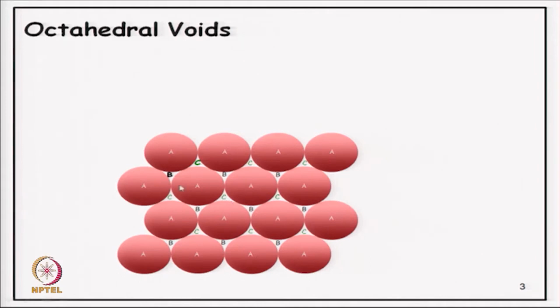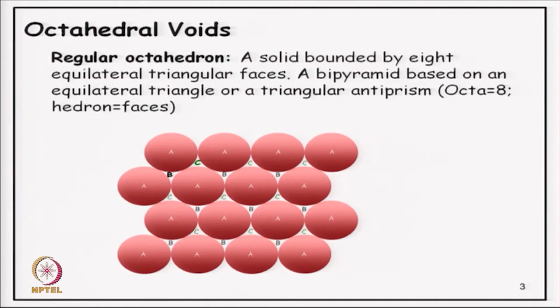Around this C site there are 3 A atoms in its own plane, and above this C site in the next layer there are 3 B atoms, and of course, between these two the C site is unoccupied. Between 2 close packed layers A and B, there is an unoccupied C site.